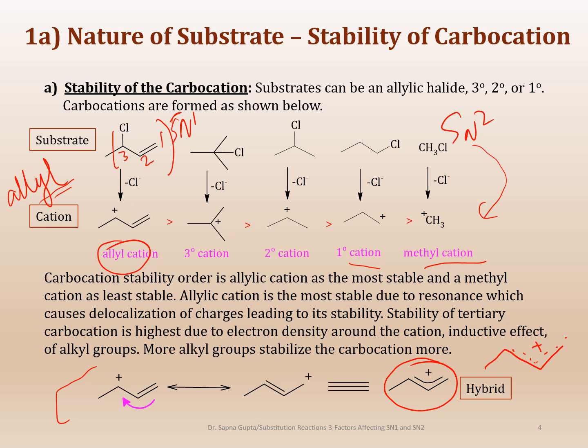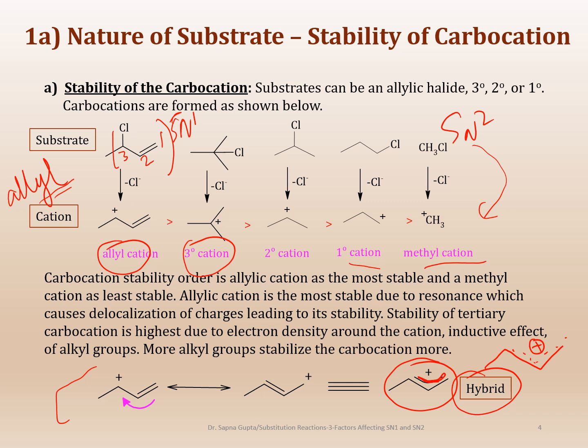This one I gave you as the electrons being spread all over here. So that hybrid with the delocalization of electrons is what makes the allyl cation more stable even than a tertiary carbocation. That's the resonance part, where we learned about delocalization before.